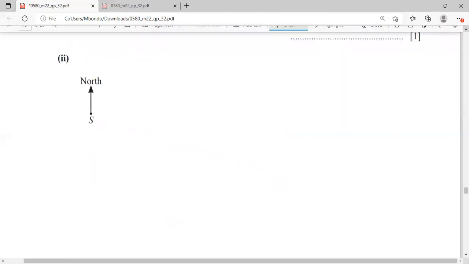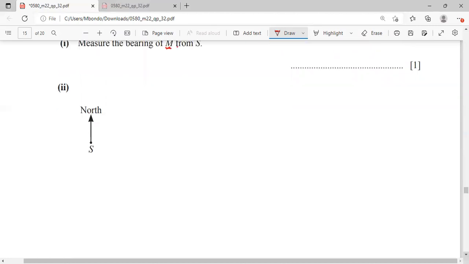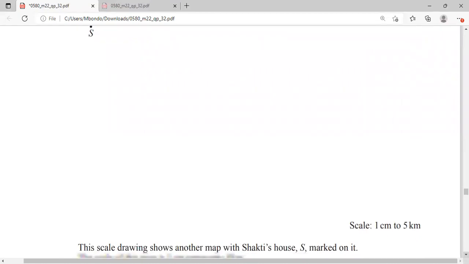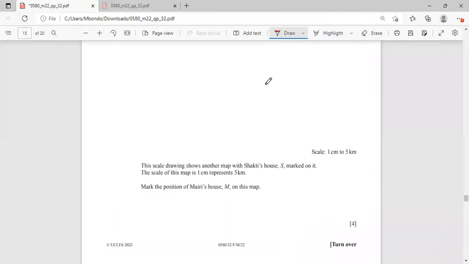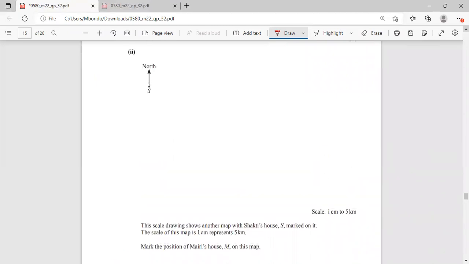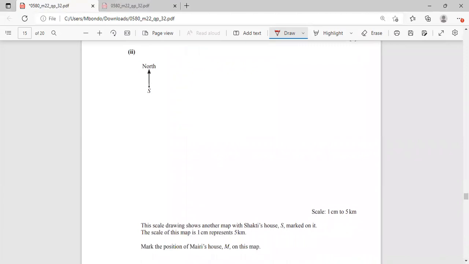All right. Then here we have a question below. This scale drawing shows another map with Shati's house, which is S, marked on it.